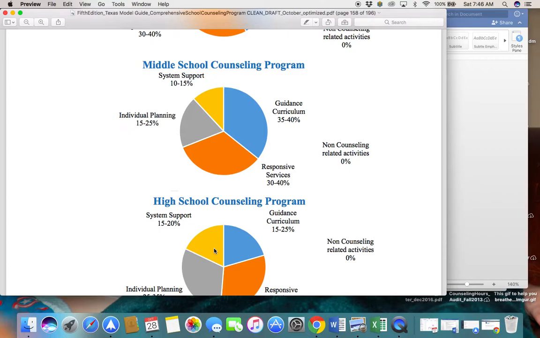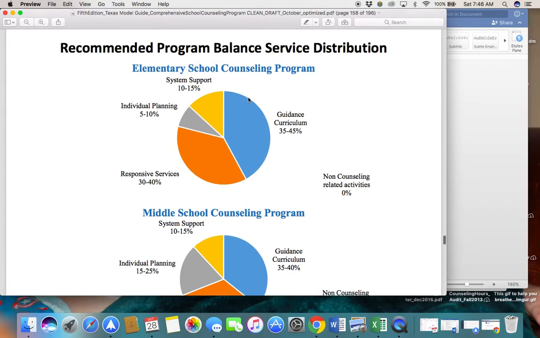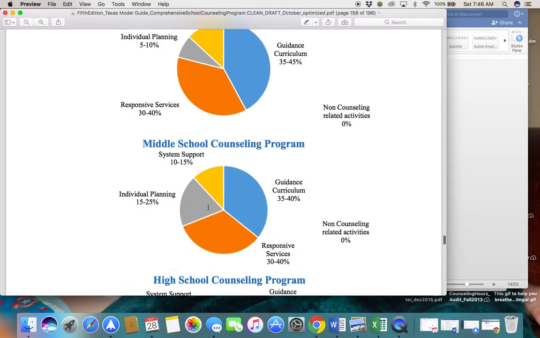Some of that may be related to activities you would do for high school, such as college night, or PSAT testing, those types of things. When you look at individual planning, from elementary, it's the smallest percentage of your time.